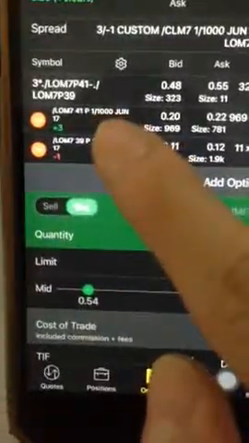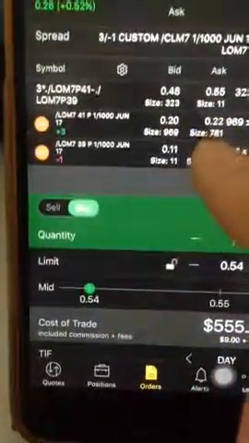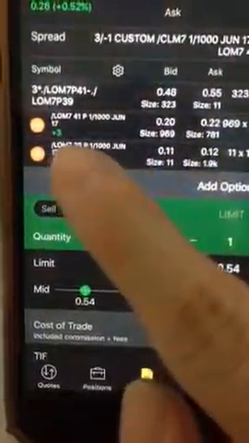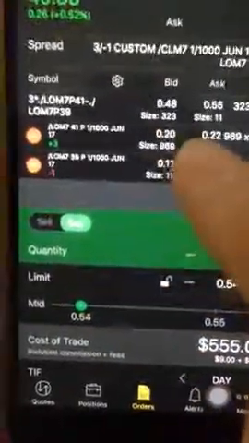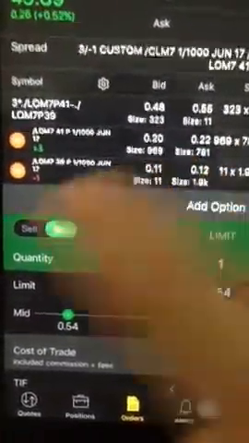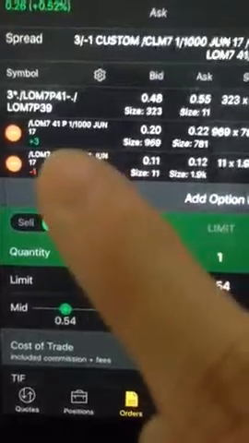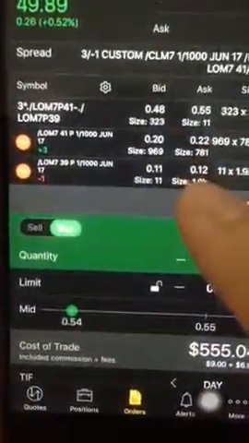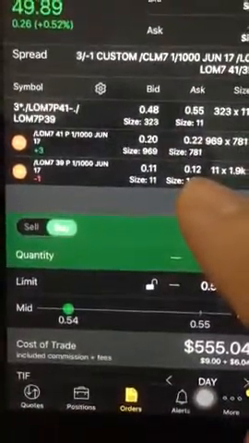Okay, so 41 put the premium will be higher, which means now you need to buy. So you need to pay 21 cents to buy per lot. But now you're going to buy 3 lots to close this trade, which means you need to pay 21 cents times 3 is 63 cents.